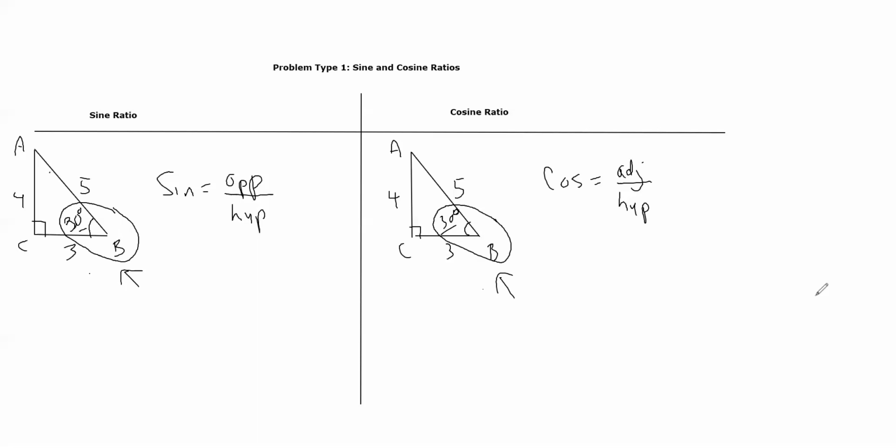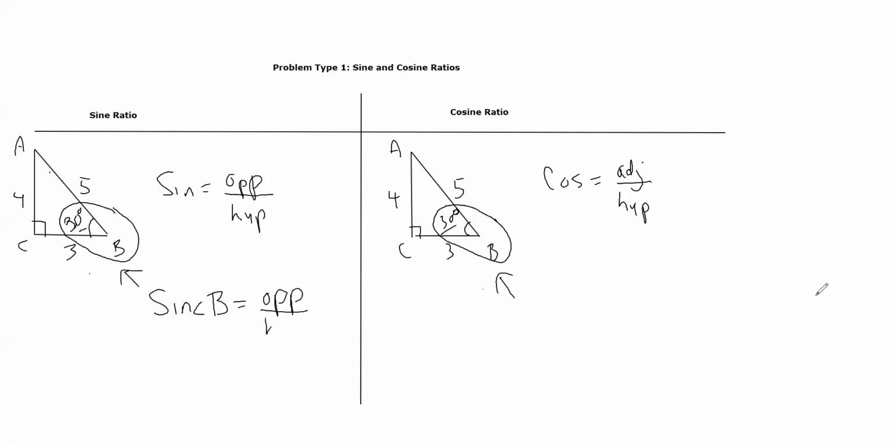Notice I don't have a degree for angle A, but I do have a degree for angle B, which means that the problem is intentionally telling me that I need to start with angle B. So I'm really looking for sine of angle B, because I actually have a degree there, and I'm going to need that.